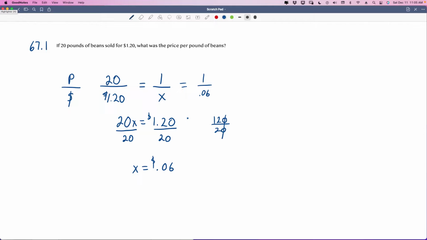Now, remember what I told you in the previous lesson, that if you can reduce this to this, then you know you've got the right answer. So if we say 20 times 1 is 20, then we should be able to say that 20 times 6 cents is $1.20.